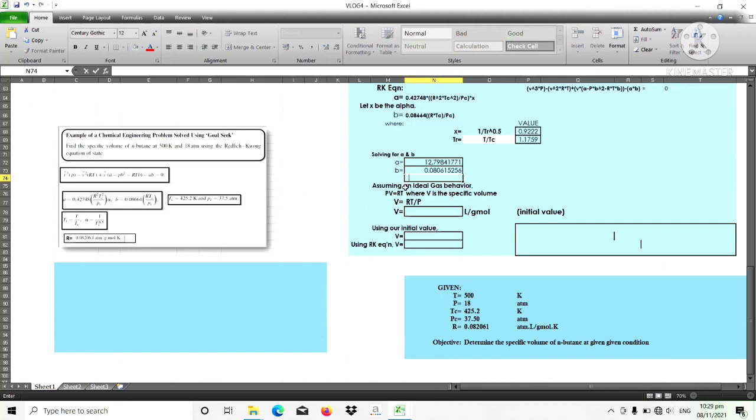Assuming that n-butane has ideal gas behavior, we can use the equation PV equals RT, where V is the specific volume.